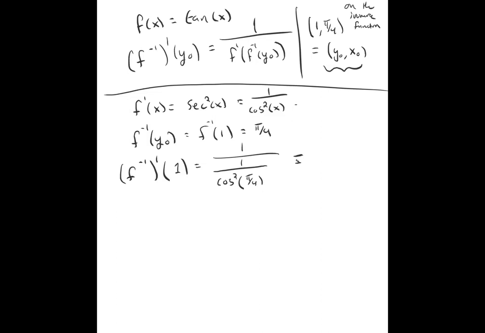So that ends up being cosine squared of pi over 4, which in turn is cosine of pi over 4 quantity squared, which is root 2 over 2 squared, which is 2 over 4, which is 1/2.